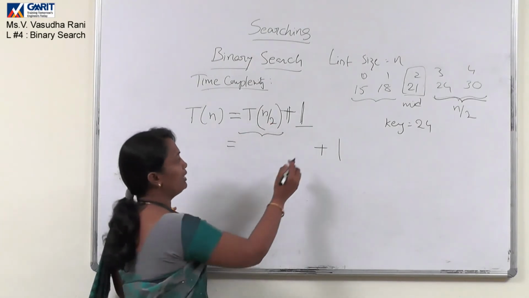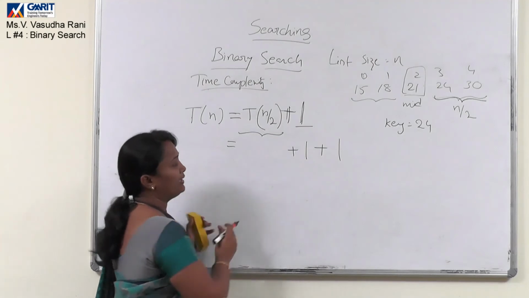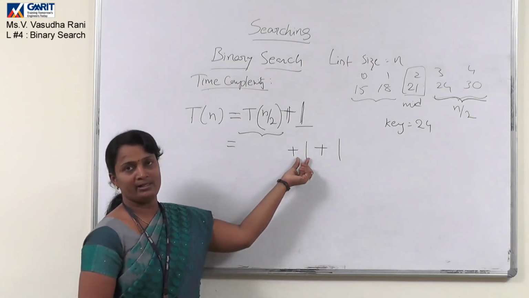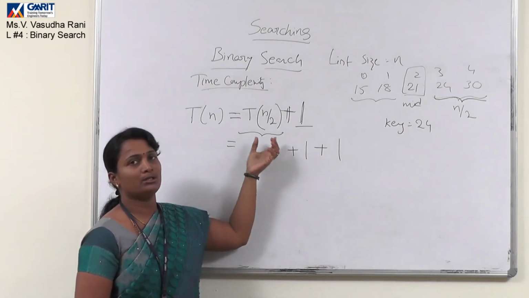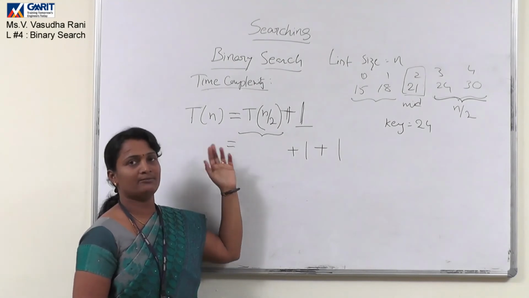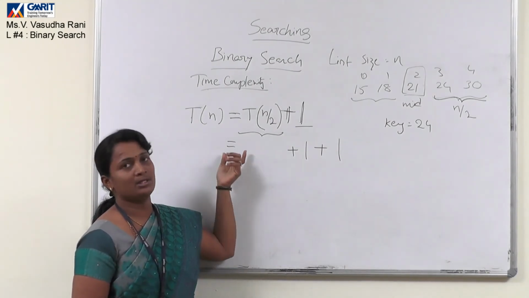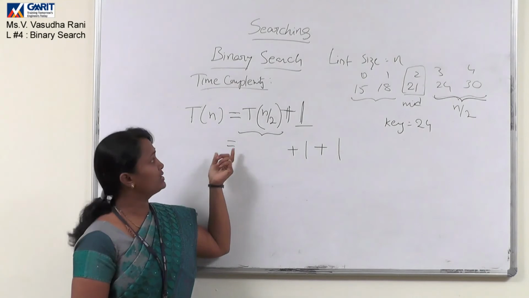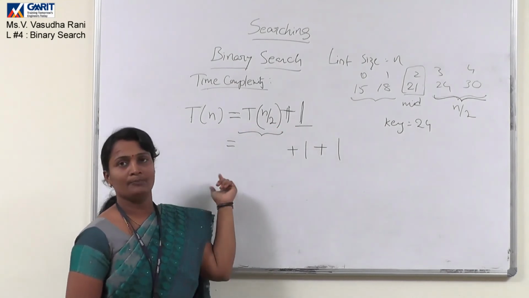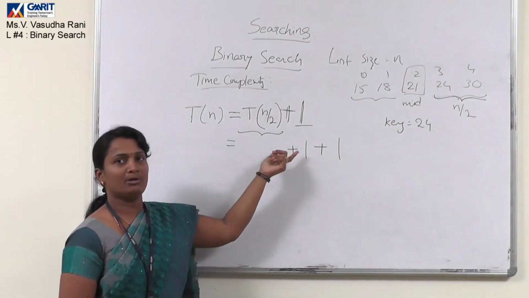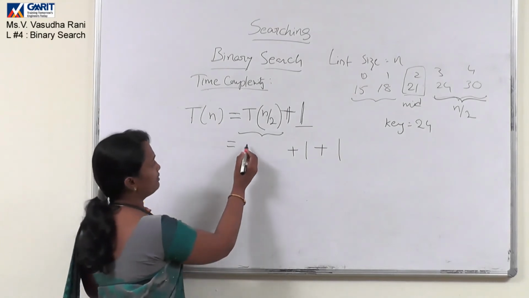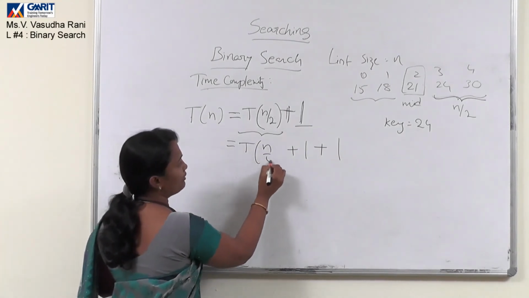For that again we are making one more comparison, and once mid is identified and we know whether the key is in the left part or the right part of the list, only either the left part with n by 4 size or the right part with n by 4 size will be considered. So here it is T of n by 4.